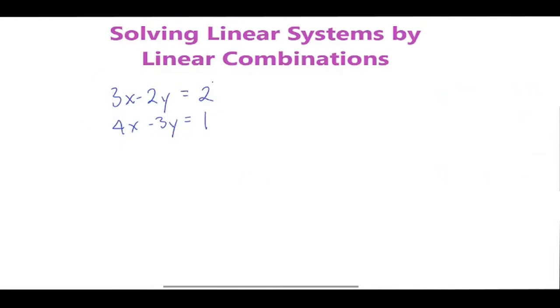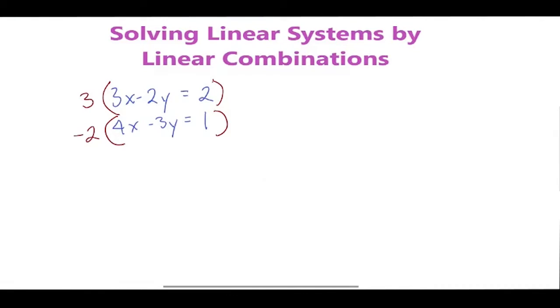Now, it also works the same way if you want to cancel y. So let's say I want to cancel the y's. Well, I see here I have a negative 2y and a negative 3y. So because this one is negative 2, I'm going to multiply the top by 3, and I'll multiply the bottom by 2. But since they're both negative, one of them needs to be negative out front so that they will be opposites.